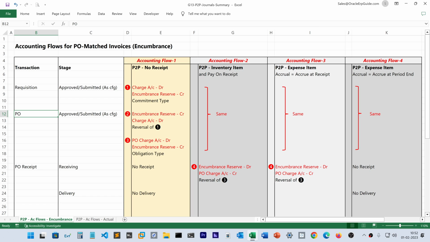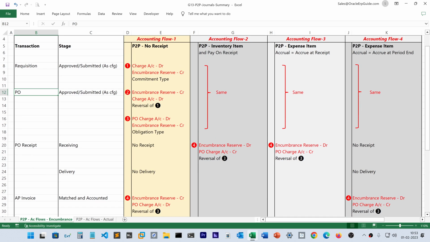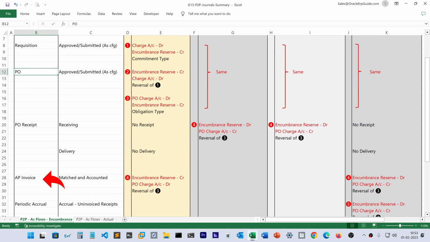After the completion of PO, there is no receipt stage because this accounting flow 1 relates to P2P without a receipt. So there is no receipt, no accounting, no delivery, no accounting here. Directly after this, an AP invoice will be created.